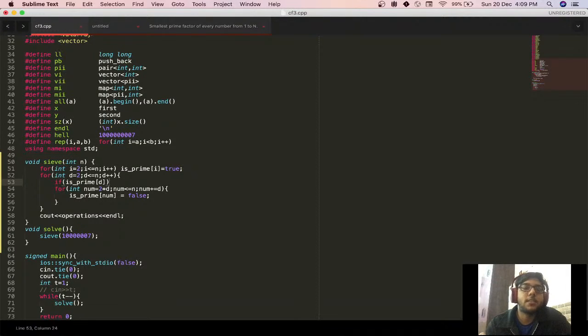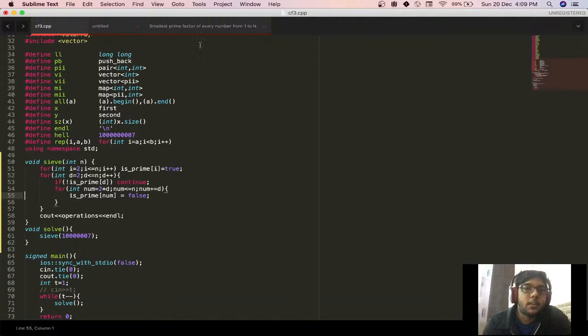Let's take a better example, 16. 16 has already been told that you are not prime by 2 only. So why do we need 4 to say that again? Because all multiples of 4 have already been covered by 2. That is why we were only iterating over multiples of primes. So if this is not prime, then we say no need to tell your multiples because I have already told them. So we say continue.